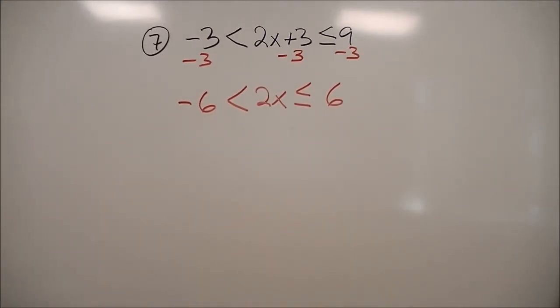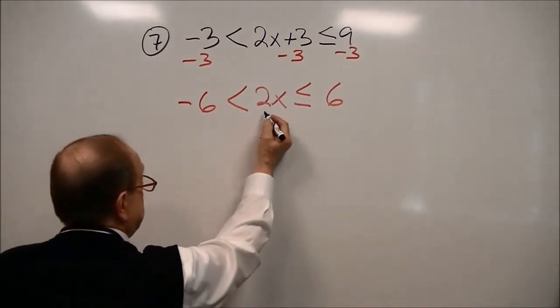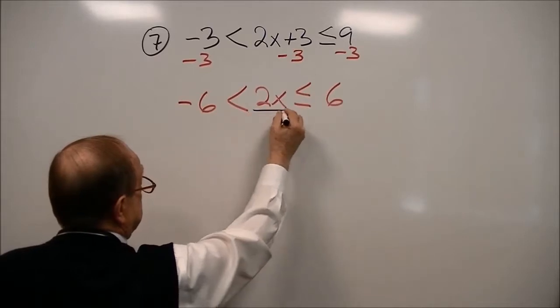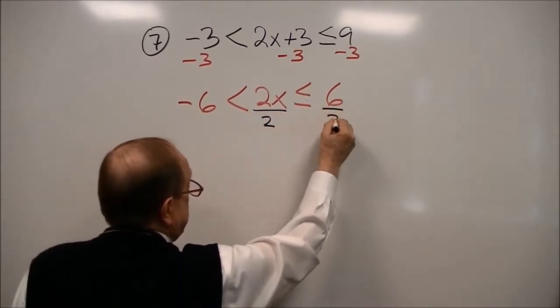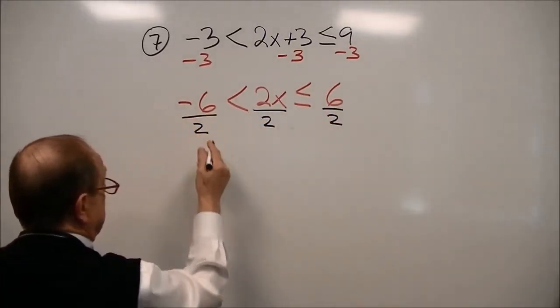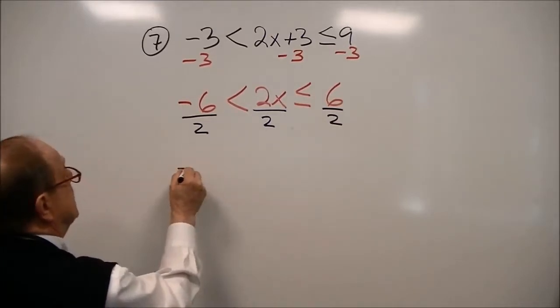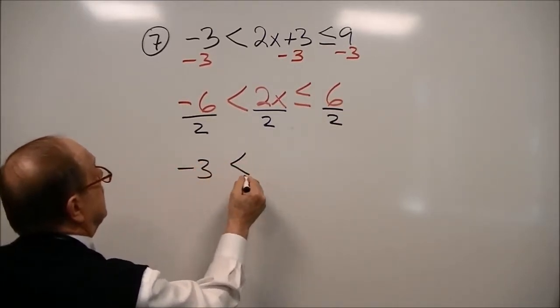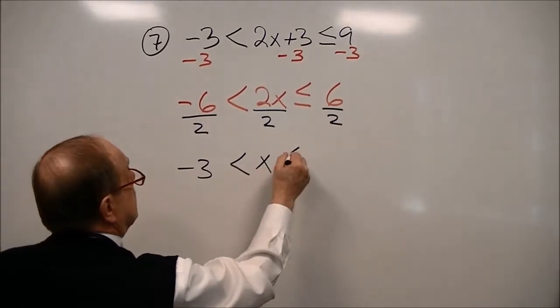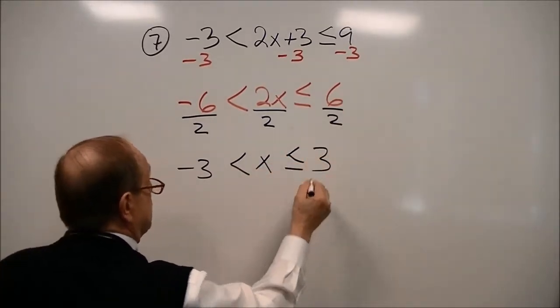Now we want to, again, isolate the x by dividing each term by the numerical coefficient, which is a 2. So this becomes a negative 3 is less than x is less than or equal to 3.